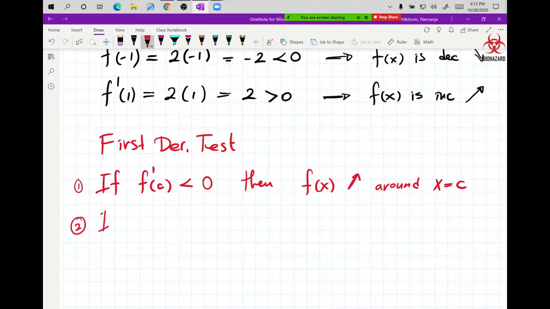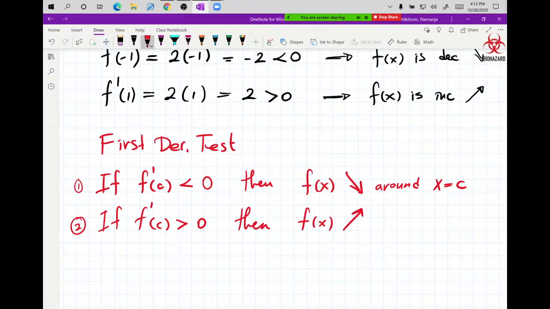Second part, if f prime of C is larger than 0, then f of x is increasing around x equals C.